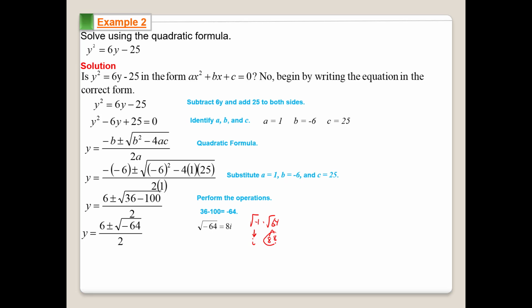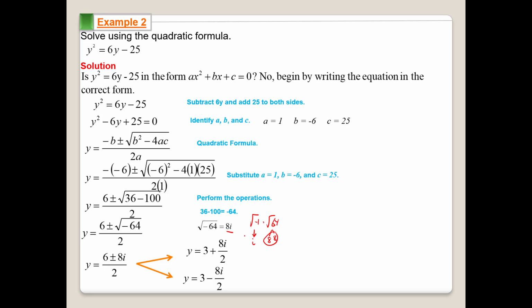So therefore, we can take an 8 out and an i, so we got 8i right there. So we should get 6 plus or minus 8i divided by 2. And then we just need to work those out. We have 6 plus 8i divided by 2 and 6 minus 8i divided by 2.